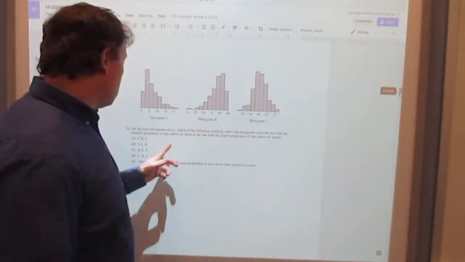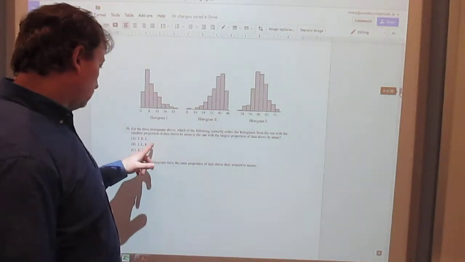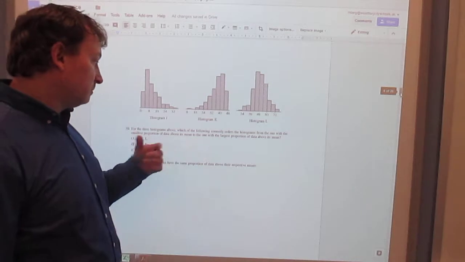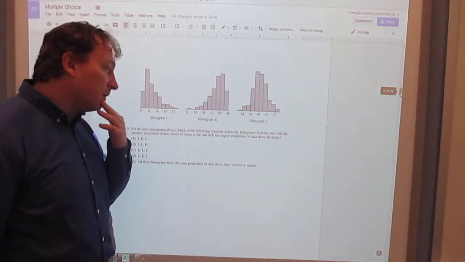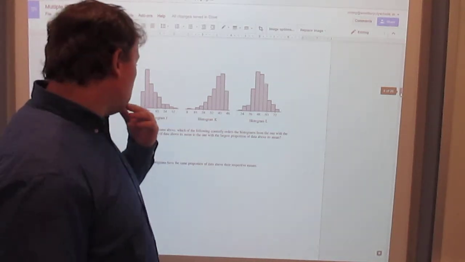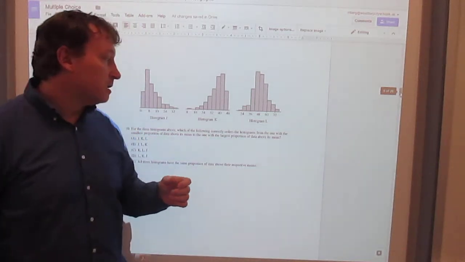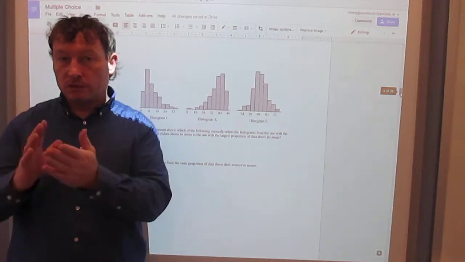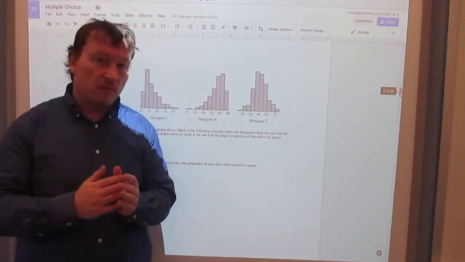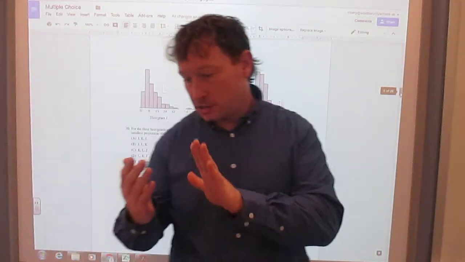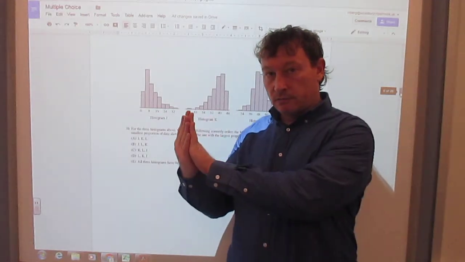Here's a question about proportion above its mean and to the largest proportion of data below its mean. Smallest proportion above its mean to largest proportion above its mean. So again, we got to think when we're skewed, that basic rule of thumb, the skewness pulls the mean towards it.